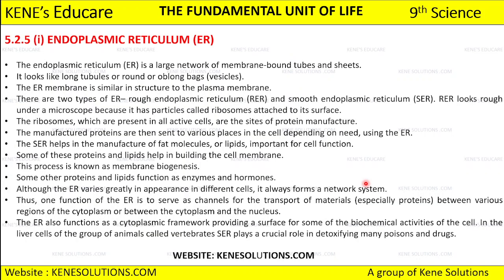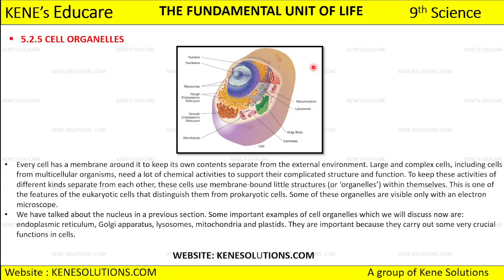See, so we started discussing this endoplasmic reticulum. Endoplasmic reticulum is also represented as ER. This endoplasmic reticulum is a large network of membrane bound tubes and sheets. If you see this structure, you can see the smooth endoplasmic reticulum and the rough endoplasmic reticulum.